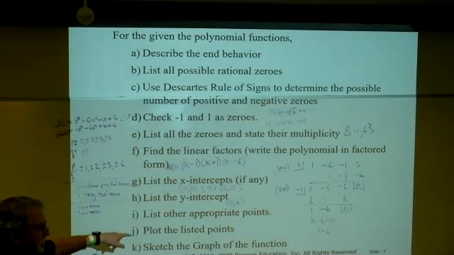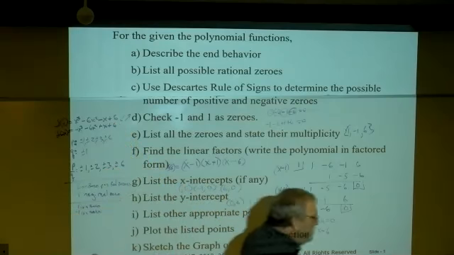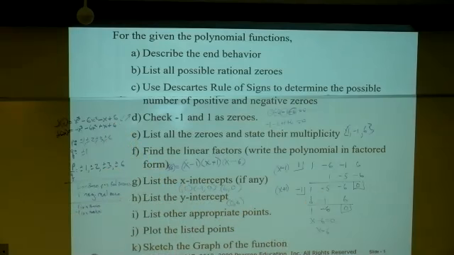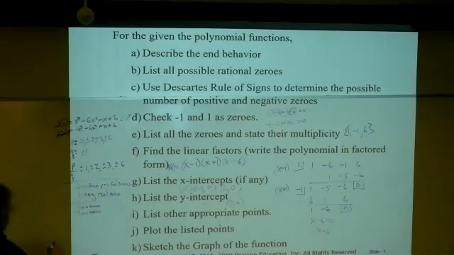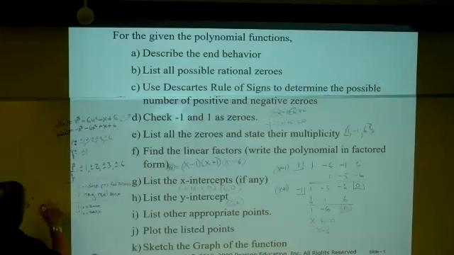Now, to list other appropriate points, to do that, I start graphing. So I have -1, I have +1, and I have +6.